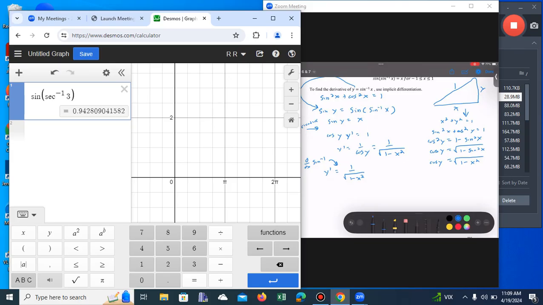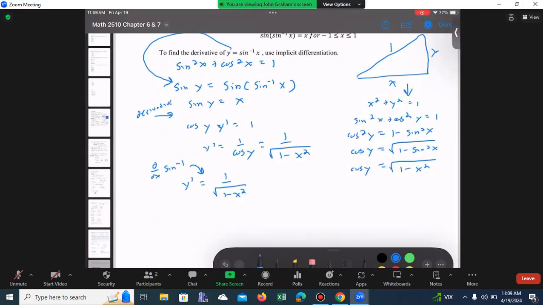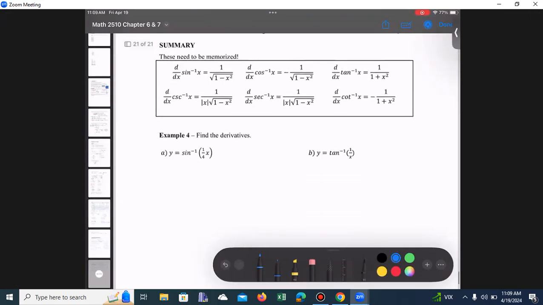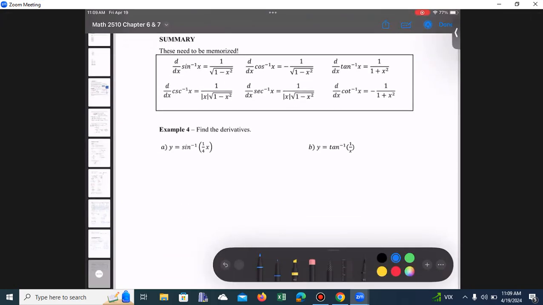Good thing about this is all the derivatives look very similar. We're not going to go through them all. But your derivative of inverse cosine is just the negative of what we got for inverse sine. Derivative of inverse tangent is 1 over 1 plus x squared.